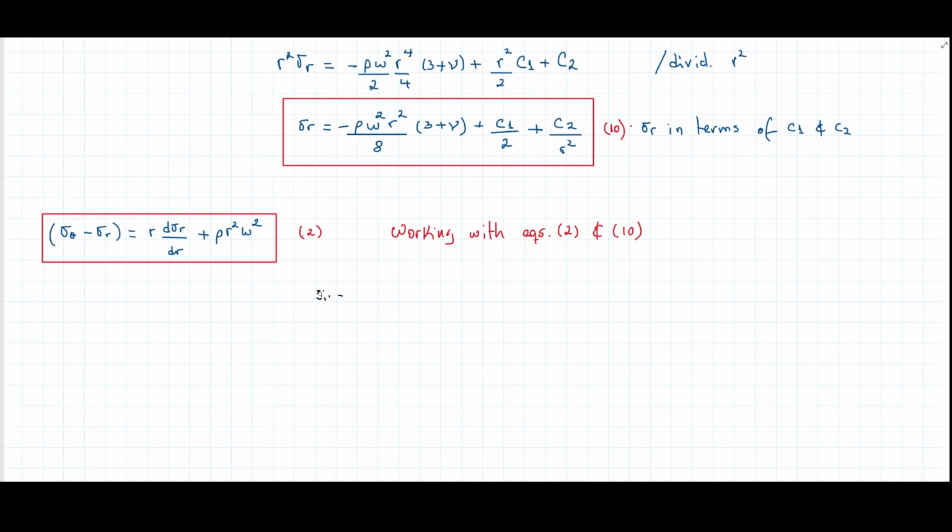Let me write it completely like this. I'm just trying to figure out what's the clearest way here. Let's write this one in this form: 1 divided by 2 plus this one here, r squared, minus this one here, right? This divided by 8.